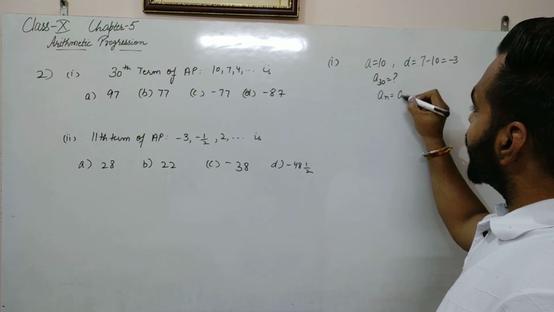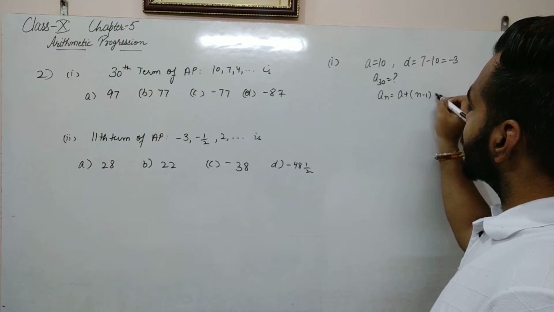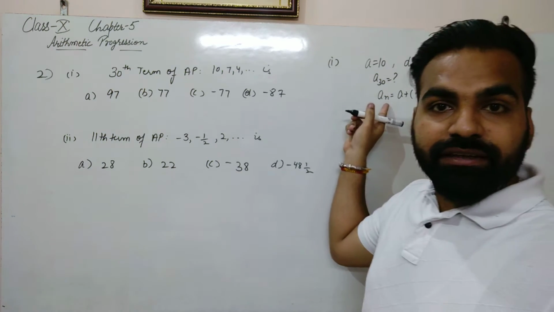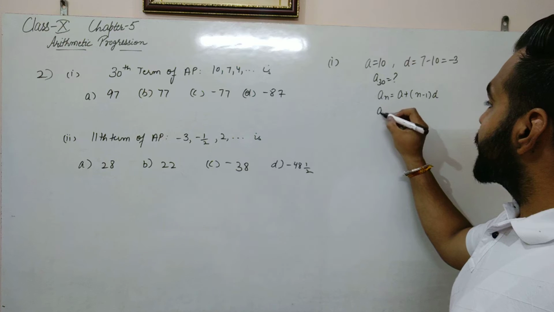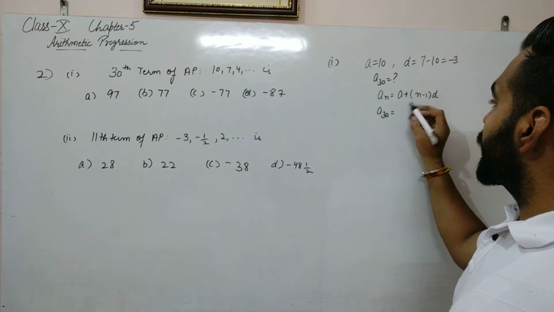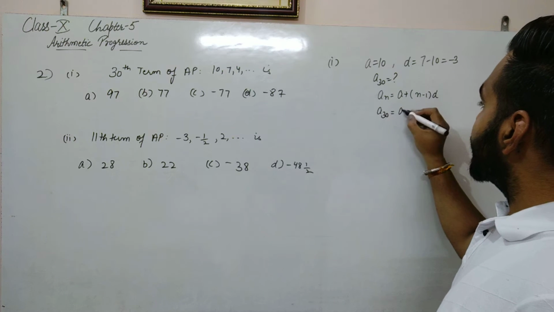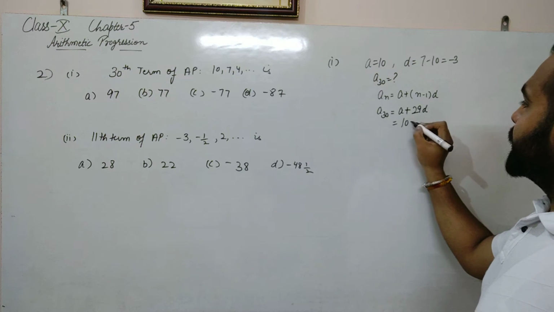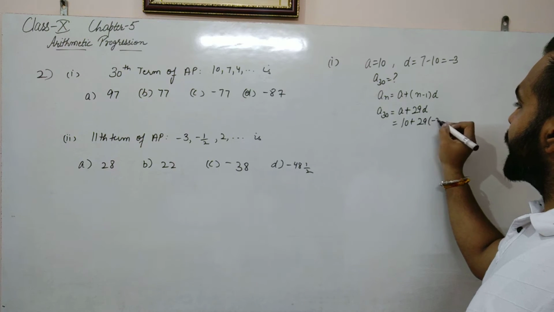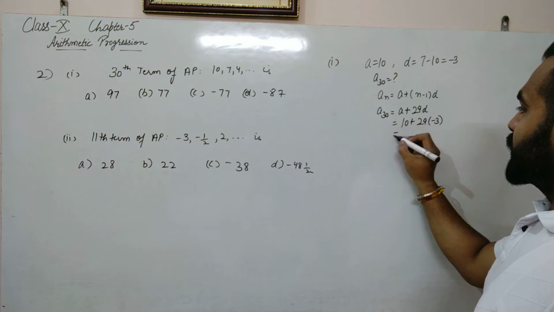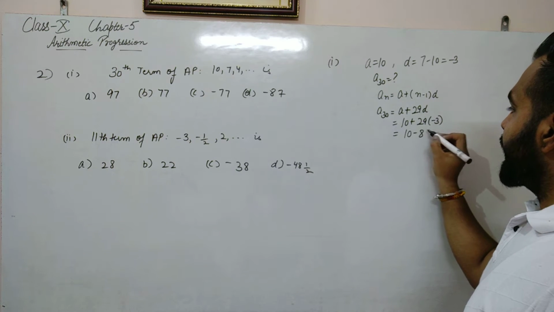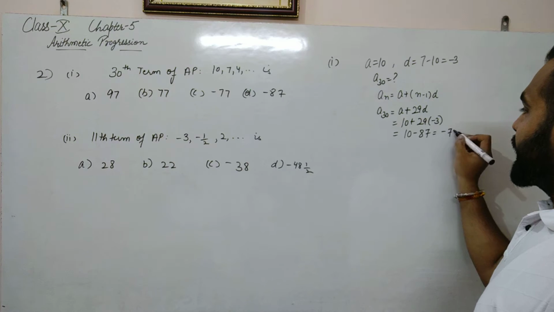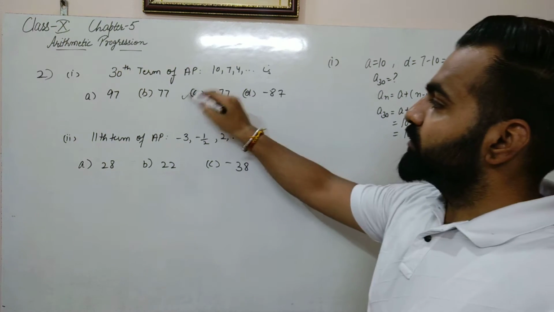An is equal to a plus n minus 1 into d. So a30 is equal to a plus 29d. So this will be 10 plus 29 into minus 3. So this will be equal to 10 minus 87, that is minus 77. So C is the answer.